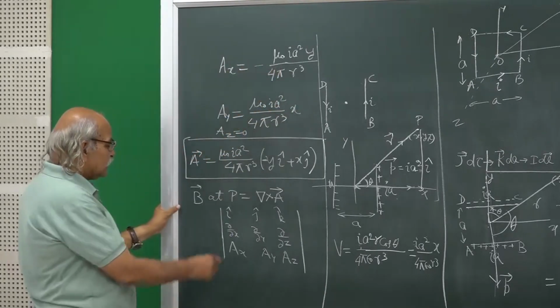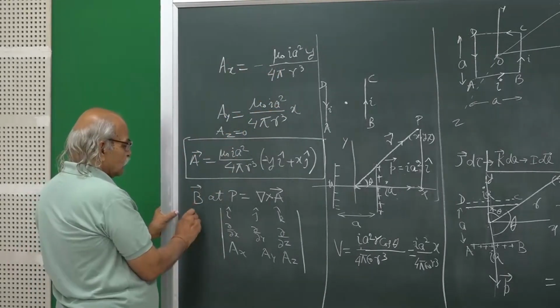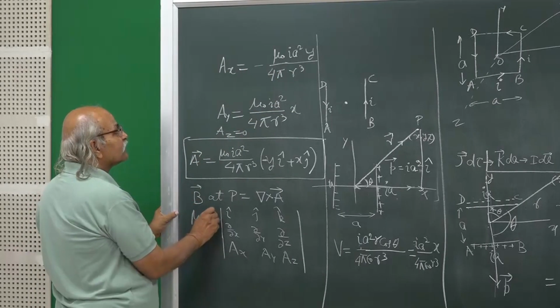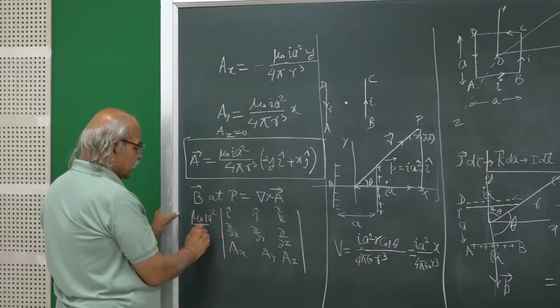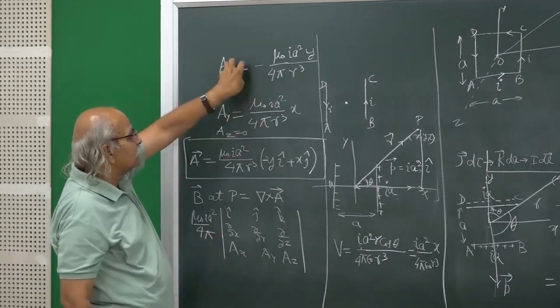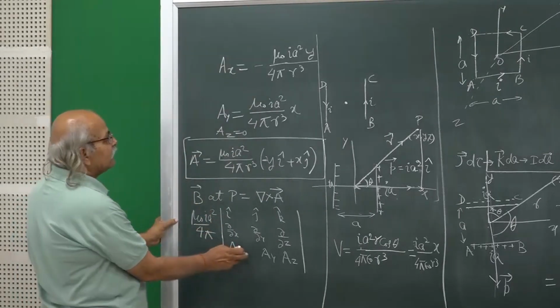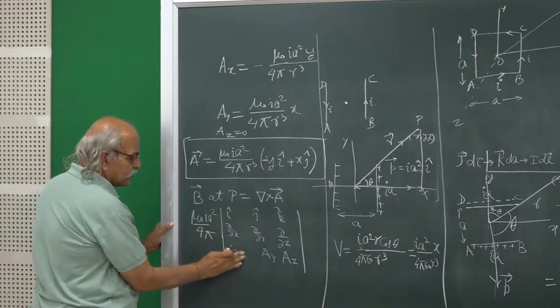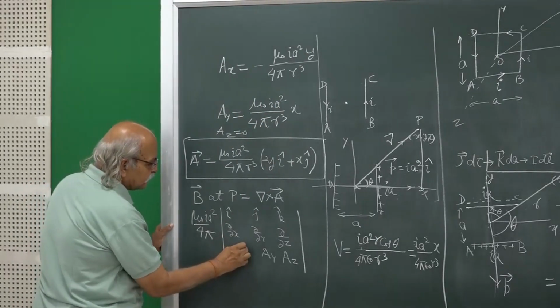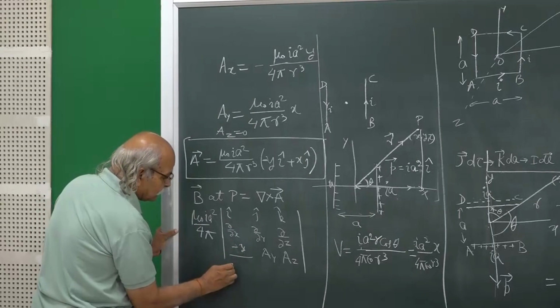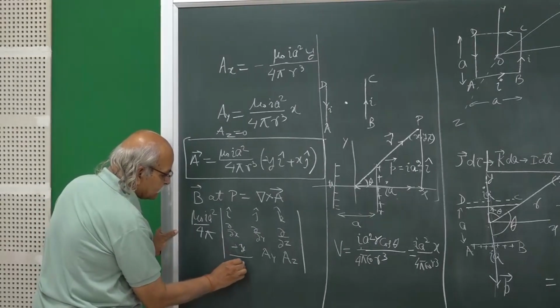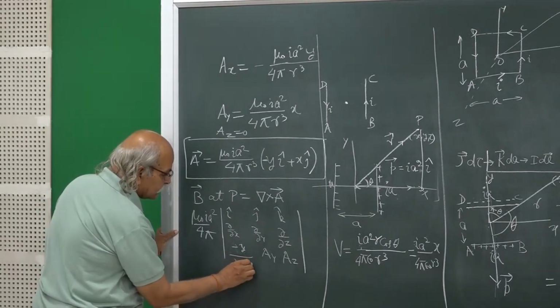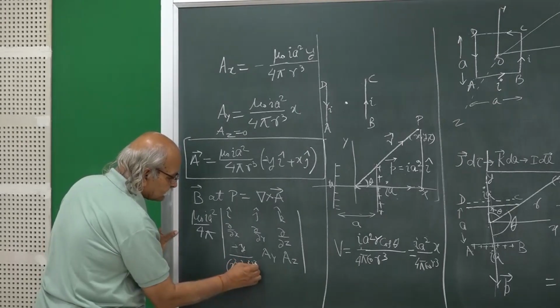So, you will be writing here mu naught I a square divided by 4 pi, that can be taken out, and for a x you will be writing minus y divided by r cube, and that is x square plus y square plus z square to the power 3 by 2.